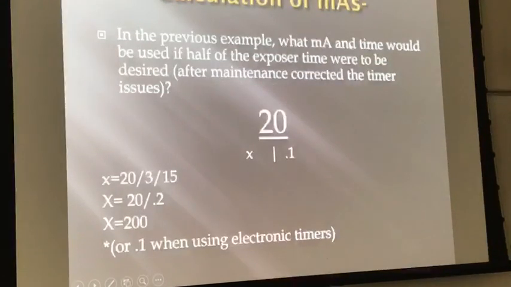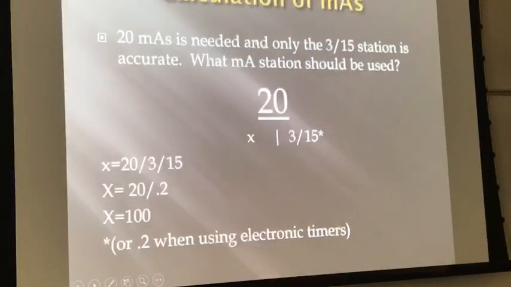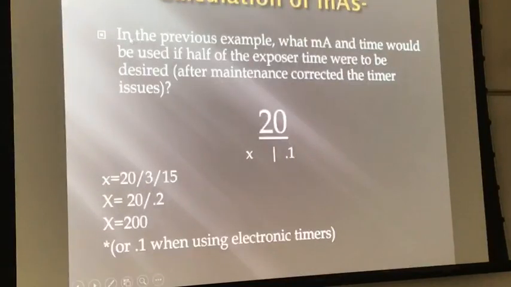What we had was 20 mAs, and we found out that we had 100 mA station, right? Because we calculated this out. So on the next adjacent question, you had: in the previous example, what mA and time would be used if half the exposure time were to be desired?